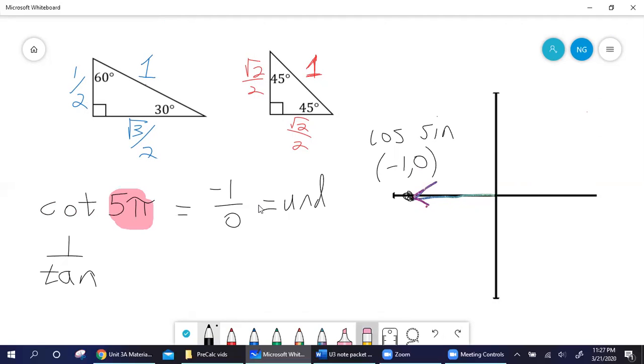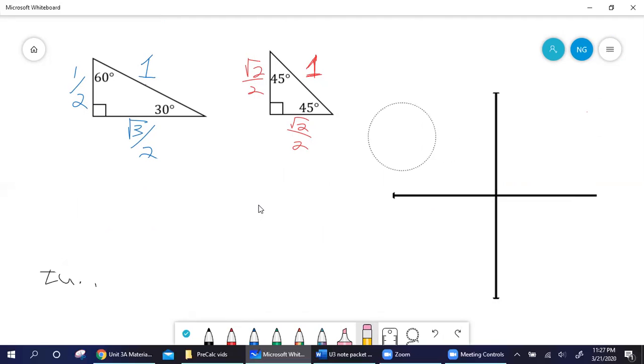The next one is another funky angle. Cosine of negative 31 pi over 3.